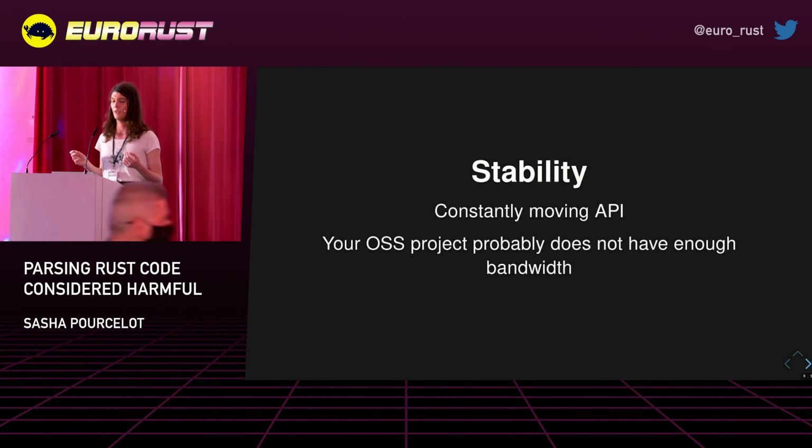About stability: this is not stable. This is the most unstable project I've ever worked with. Basically, the Rust compiler developers don't want to spend time stabilizing or avoiding breaking their own internal APIs. It makes sense.